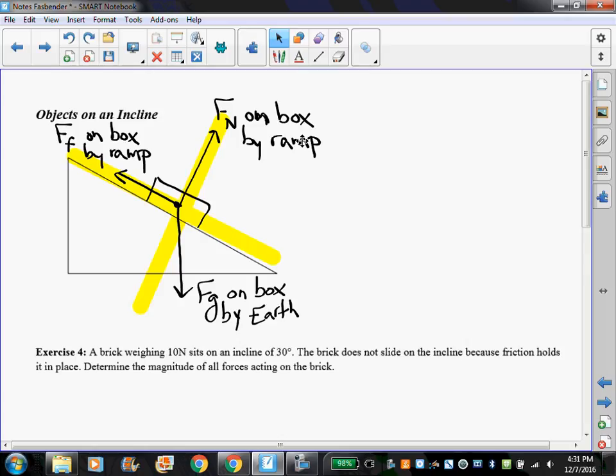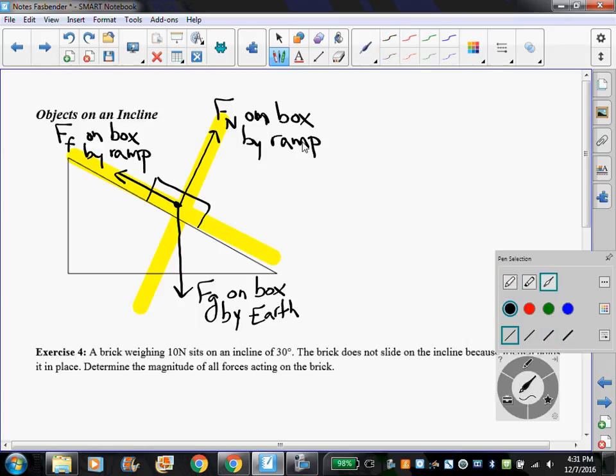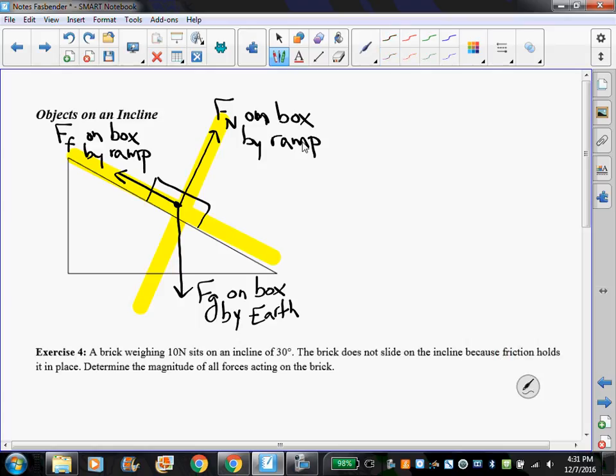Now our new y axis is perpendicular to our ramp, and the normal force lies right on that y axis. Our new rotated x-axis is parallel to our ramp, and the force of friction is right on that x-axis.